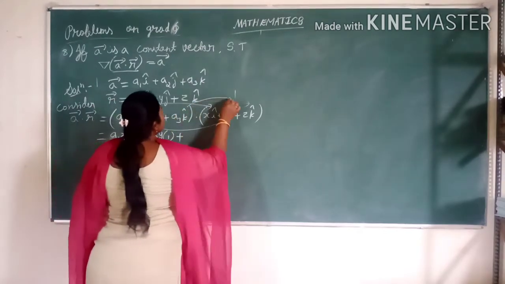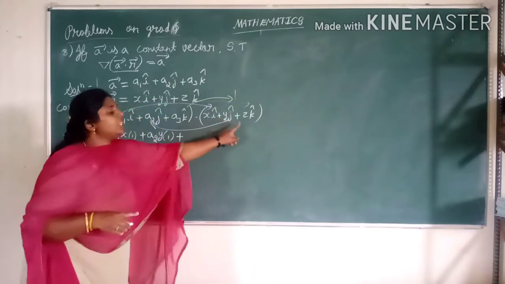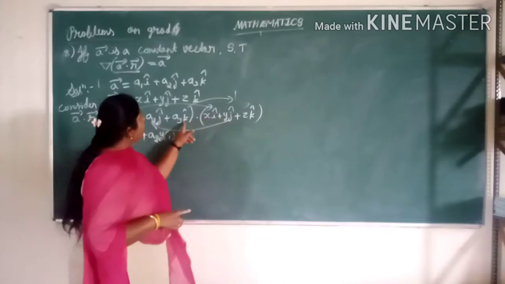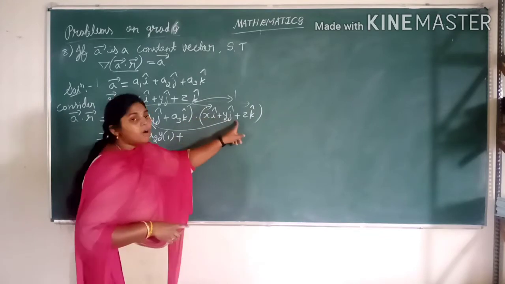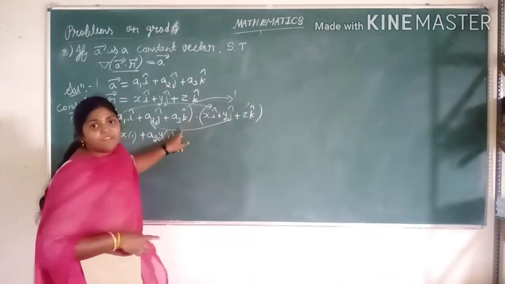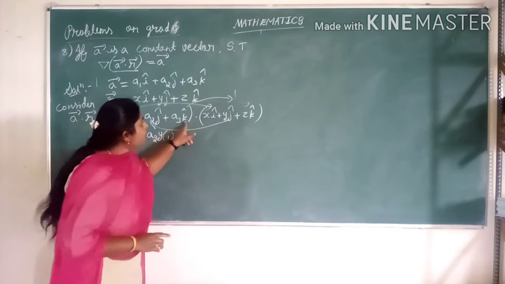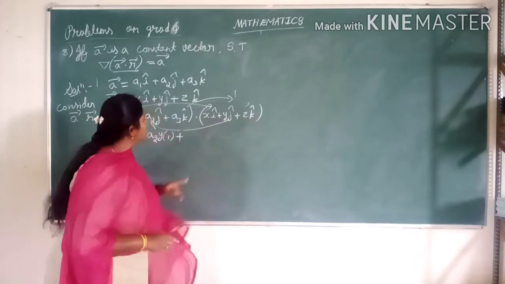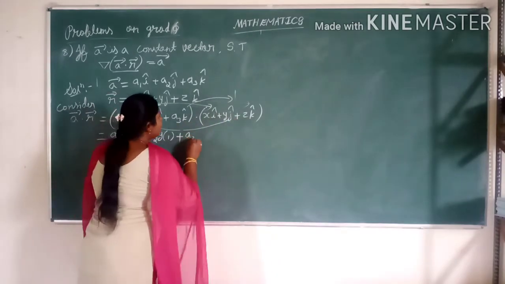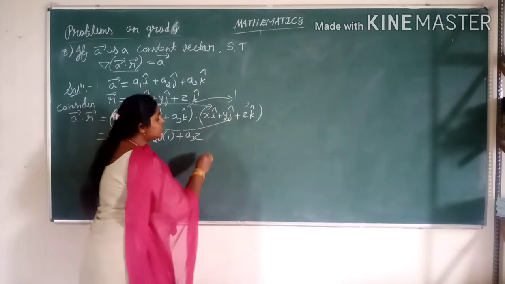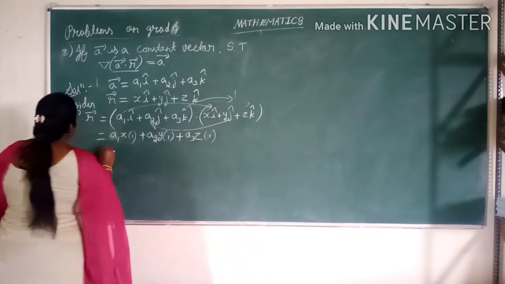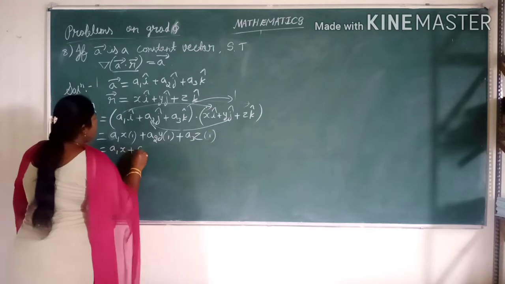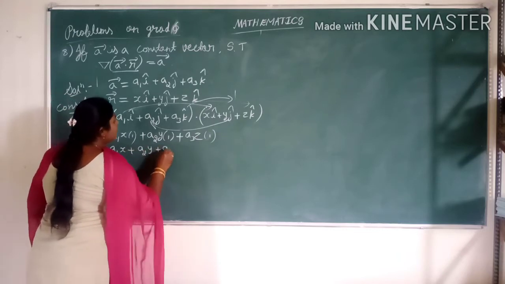Similarly, multiply A3 k cap with all three terms in this factor. k dot i is 0 and k dot j is 0. 0 into any coefficient will be 0 only. Then multiply the k cap coefficient only. A3 into z is A3z into k dot k is 1. Here we get A1x plus A2y plus A3z.